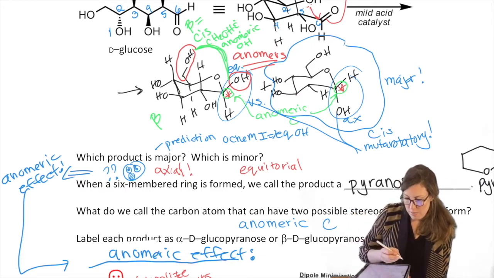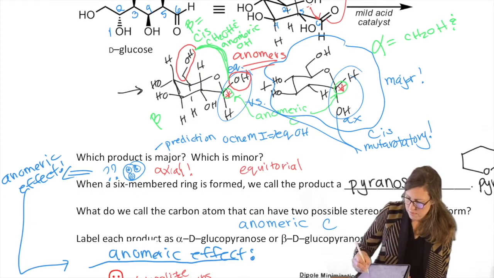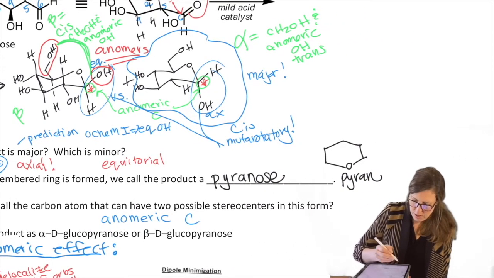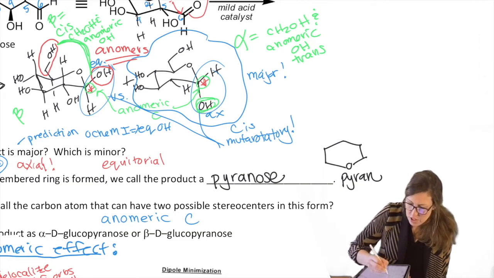If they are not on the same side, then they are going to be by default the other one, the alpha isomer. So they'll be trans to each other. Let's prove that for the other one as well. Here's my anomeric carbon. There's my anomeric carbon's OH.